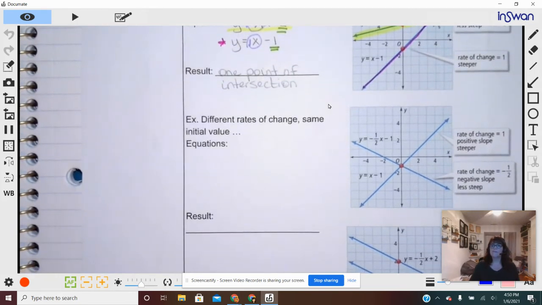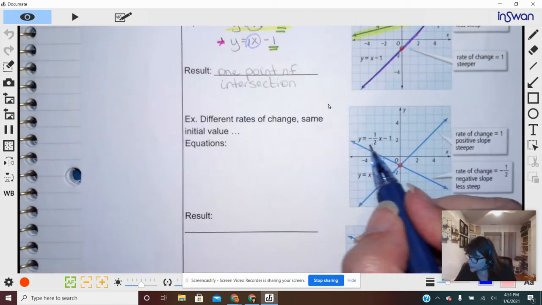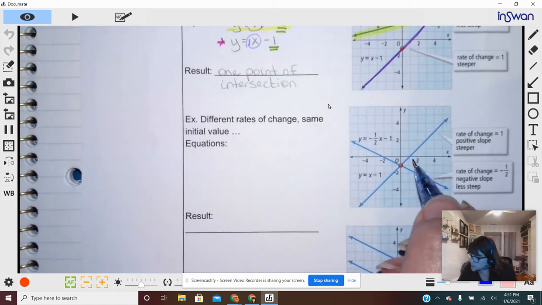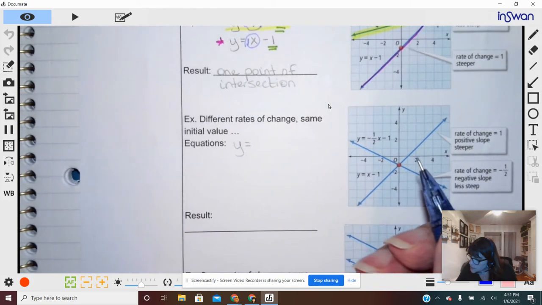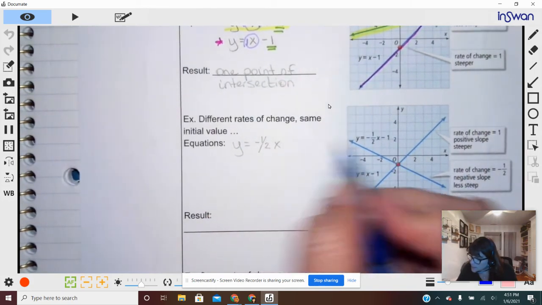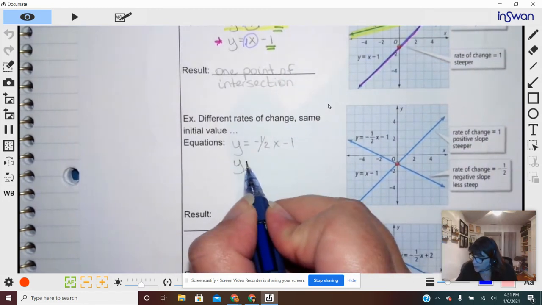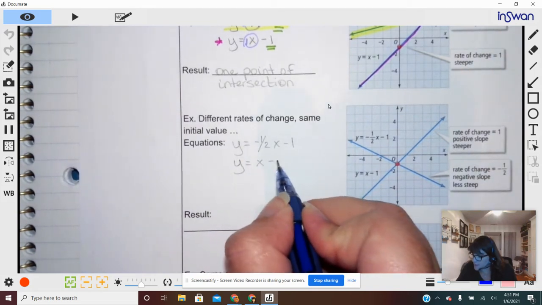Okay. In this next one, we again have two different lines, two different equations. Okay, so we have y equals negative 1/2 x minus 1, and y equals x, a positive x, minus 1.